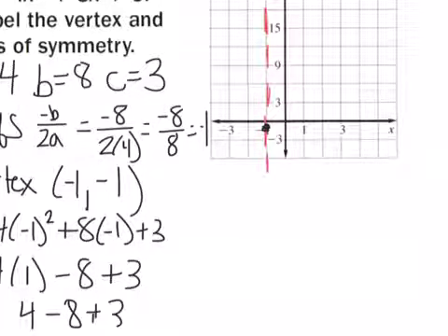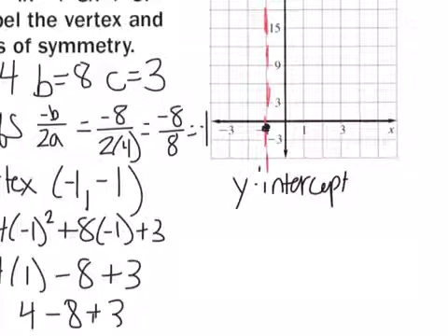Okay, next point is again your y-intercept, which is always your C term, which in our case was 3. So on my y-axis, I need a dot at 3, and then I reflect that, and that's 1 hop from my line. So I go 1 hop the other way, and I have my next point.